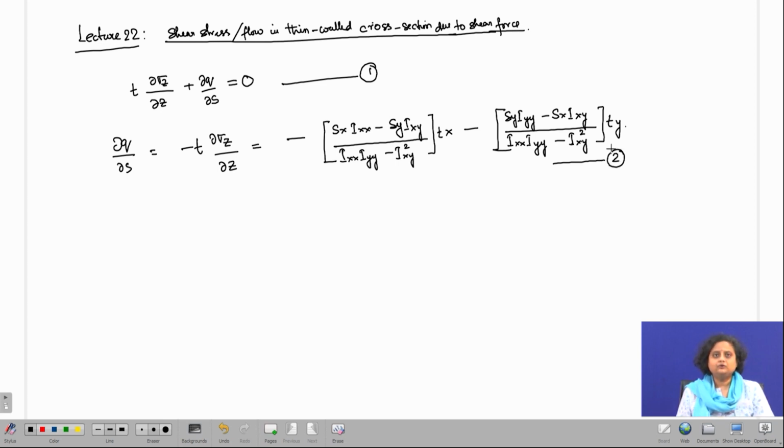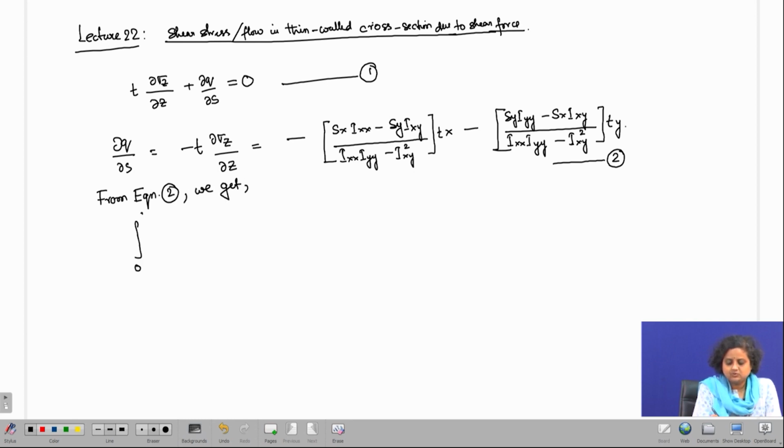Now, in order to find the shear flow from equation 2, we integrate between 0 and s, and we get this as minus.